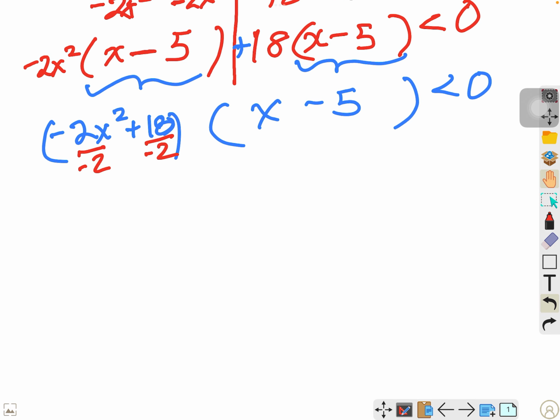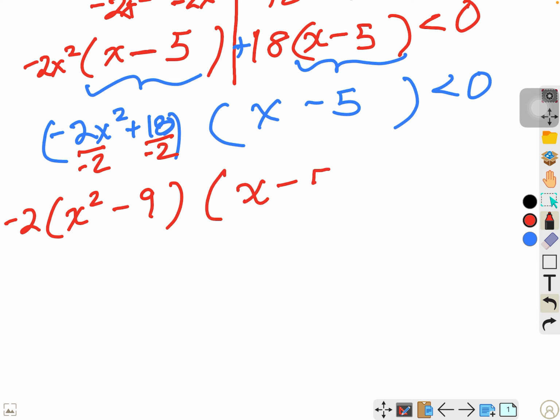So let's factor that out. And that leaves me with x squared minus 9. And I notice that that is a difference of 2 perfect squares times the quantity x minus 5 less than 0. Okay? So x times x, 3 times 3, those are the perfect squares.